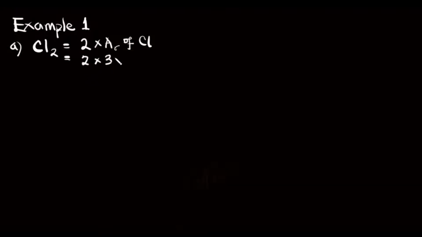Example 1. So 1a, chlorine is a diatomic molecule, so its molar mass will be 2 times the relative atomic mass of chlorine. And the relative atomic mass of chlorine as given in the question is 35.5. This will be 2 times 35.5, and that gives us 71 grams per mole.